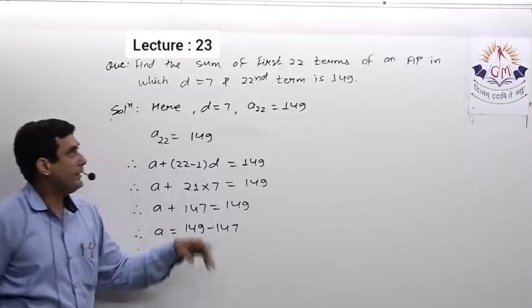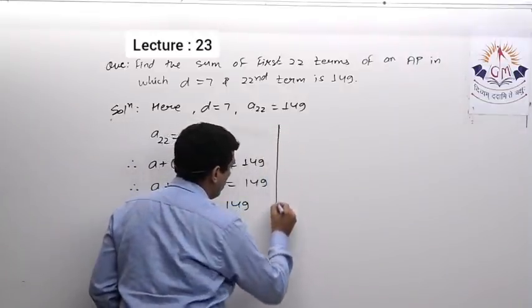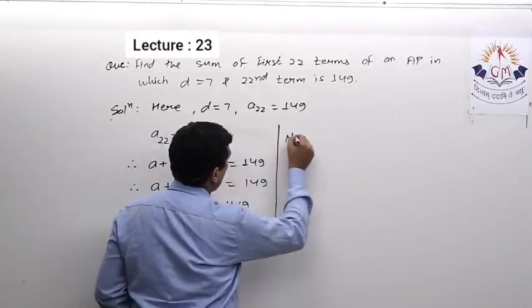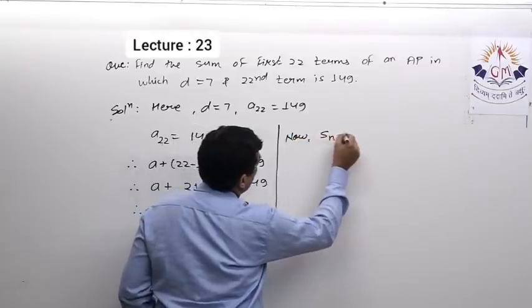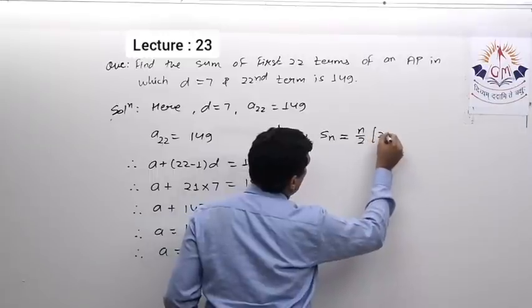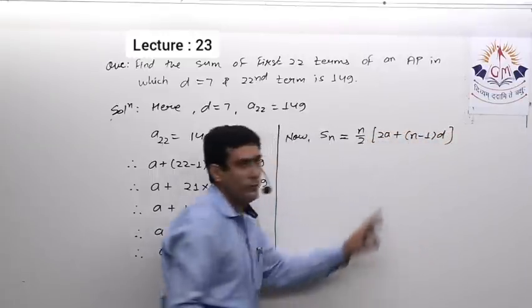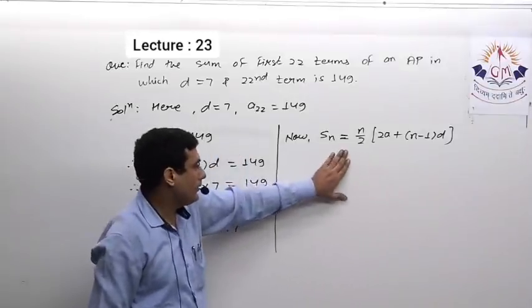Now after getting a, I will find the sum of first 22 terms. So Sn is equal to n by 2 into 2a plus n minus 1 into d. This is the formula to get the sum of n terms.